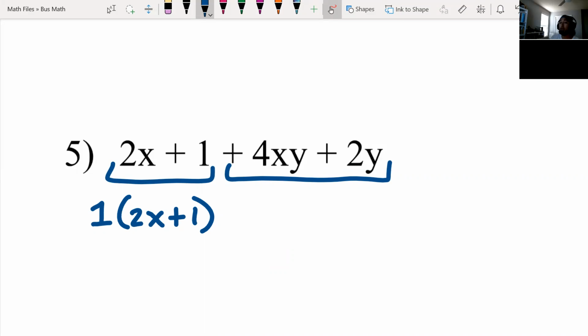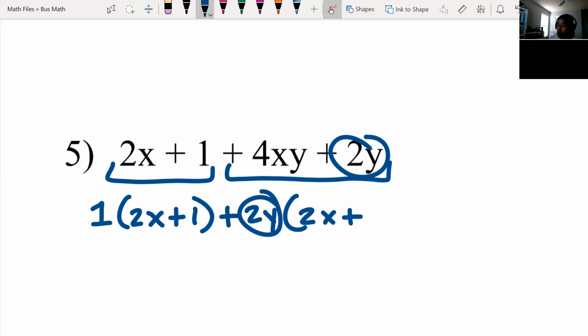But then on 4xy plus 2y, what could we take out there? 2y. And what would that leave me with? 2x plus 1. Good. 2y from 2y, because remember it's essentially dividing.